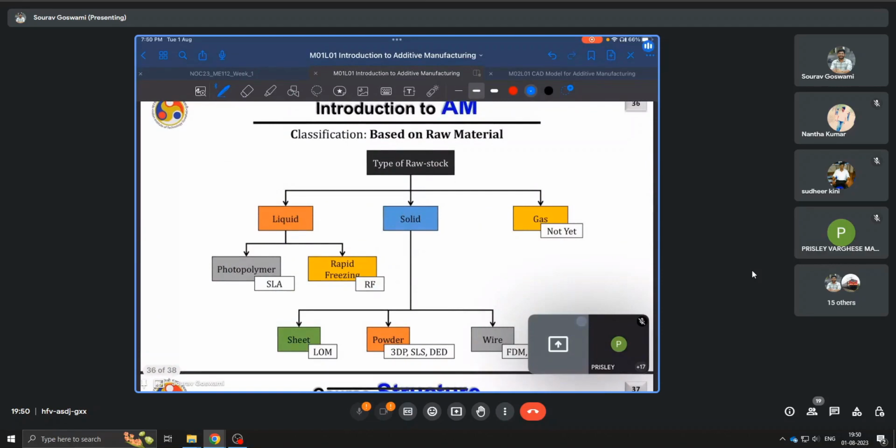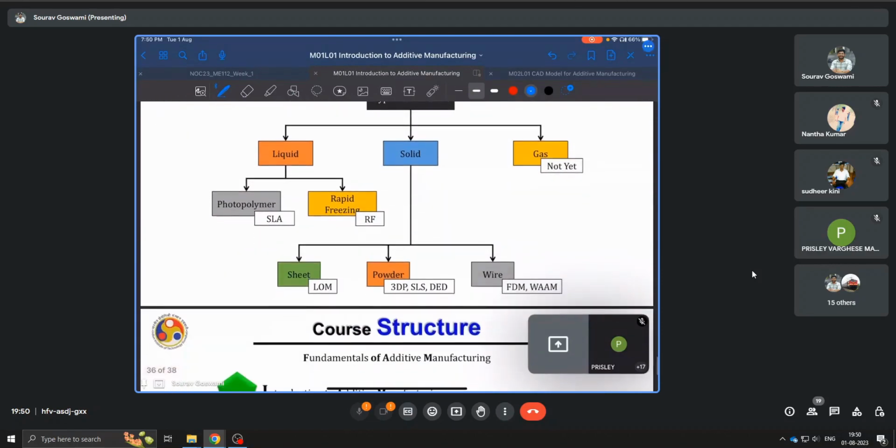And here is an alternative classification based on the type of raw stock. Interestingly, there is no gas AM yet. I have come across a couple of proposals which did pitch this idea. They have not seen the light of day yet, but it's a really interesting concept.